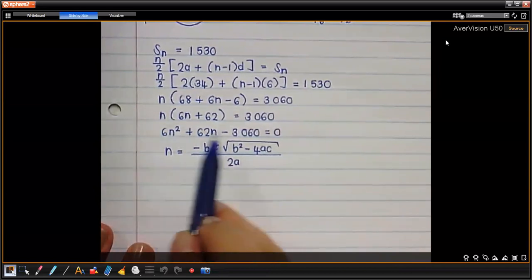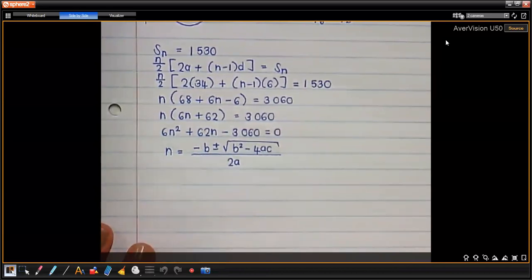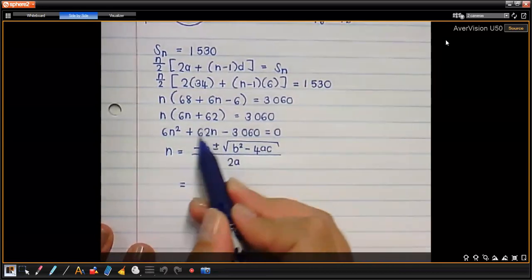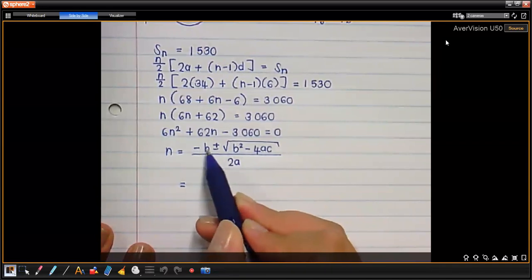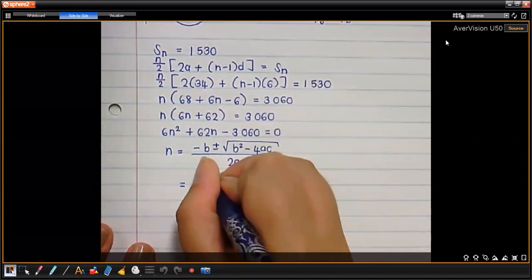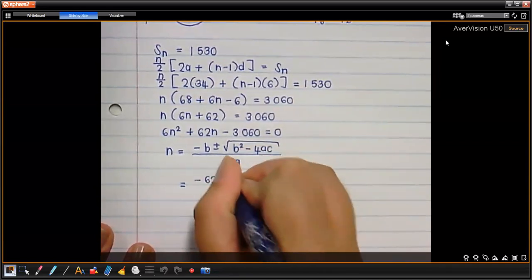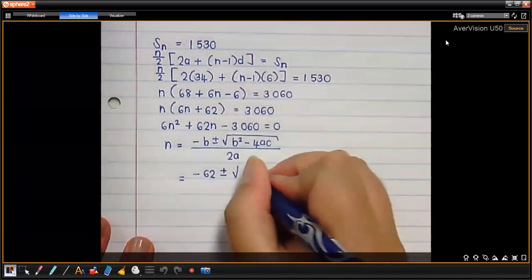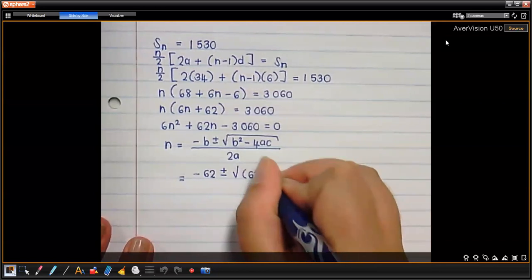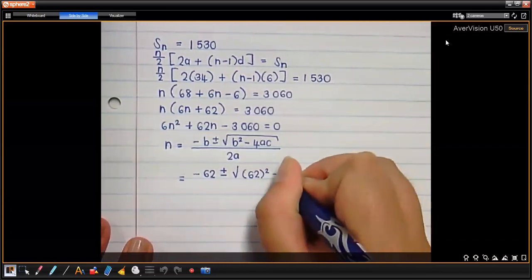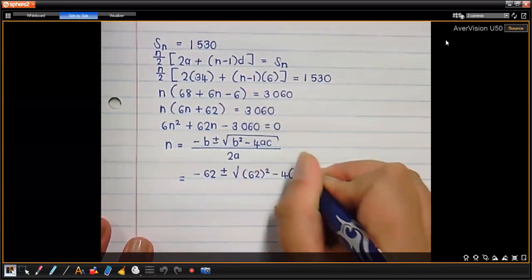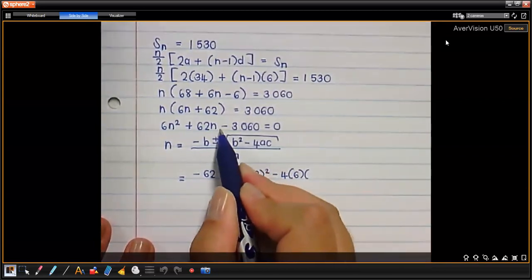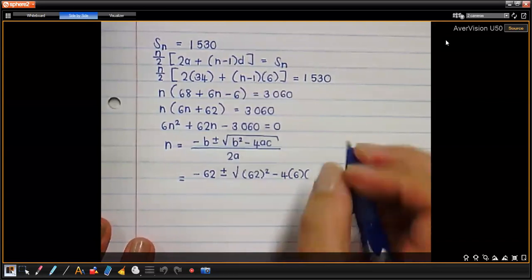And a, b, and c are the values that we have in our quadratic equation. So my b value is 62. So negative b is going to be negative 62 plus or minus square root of b squared, so 62 squared minus 4. My a value is 6 and my c value is very important, negative 3060.